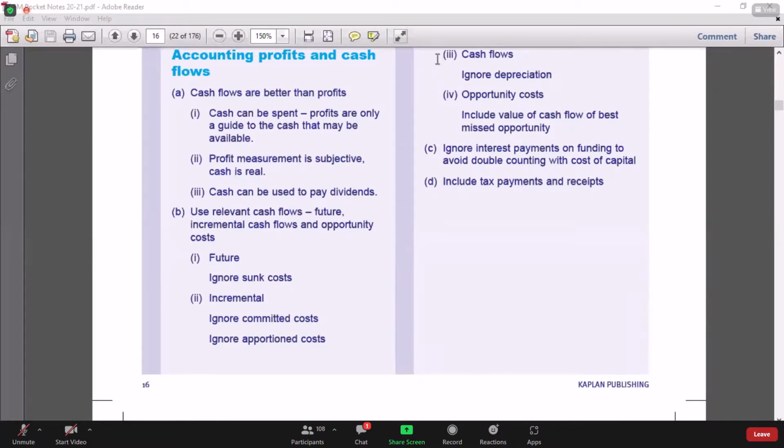Now, apportioned cost, first let me explain about the apportioned cost here. Incremental cash flows ignore the apportioned cost. Apportioned cost is nothing but indirect expenses. Say in a company, we do have certain indirect expenses. While calculating the relevant cash flows, these indirect expenses should not be apportioned.